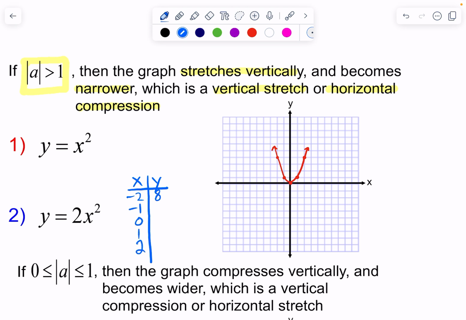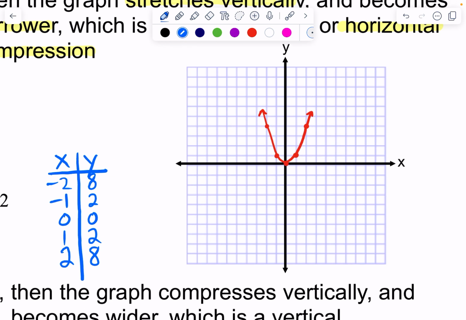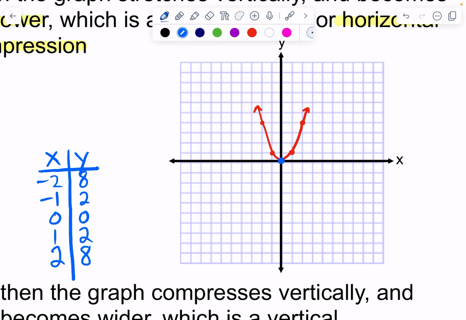And it's going to give me the values of y equals 8, 2, 0, 2, and 8 once again. So I've got 0, 0 here. Now I've got negative 1, 2, 1, 2, and then I've got 2, 8, and 2, negative 8.